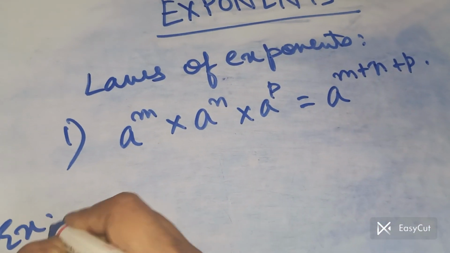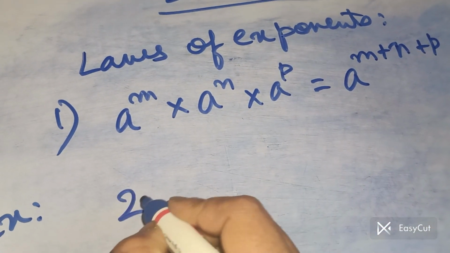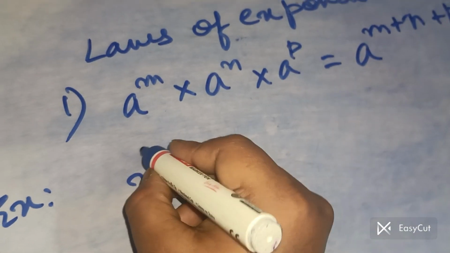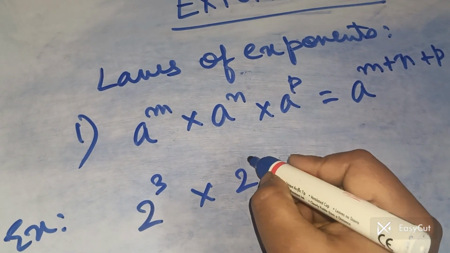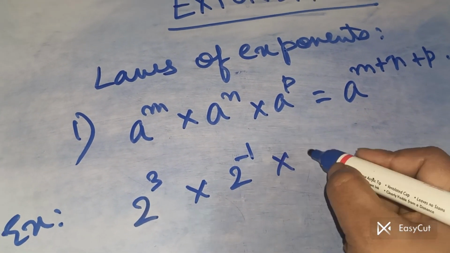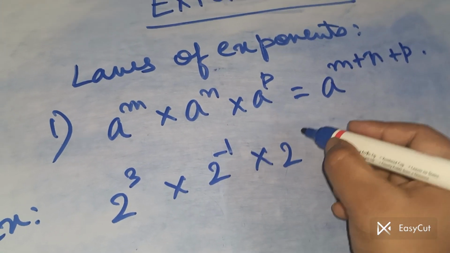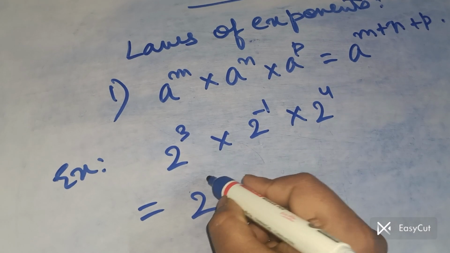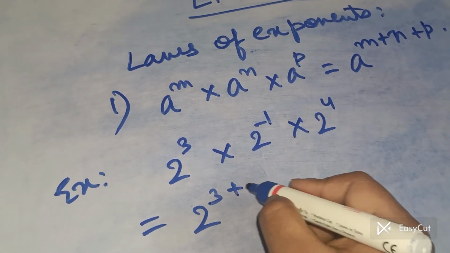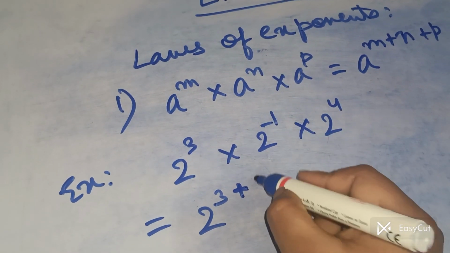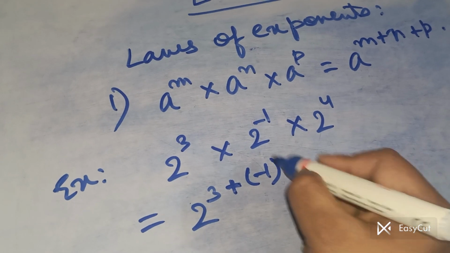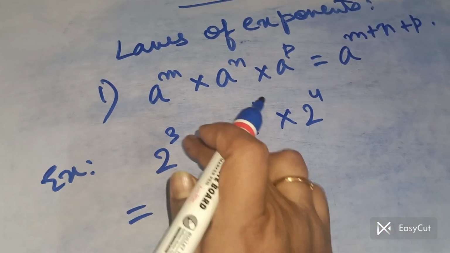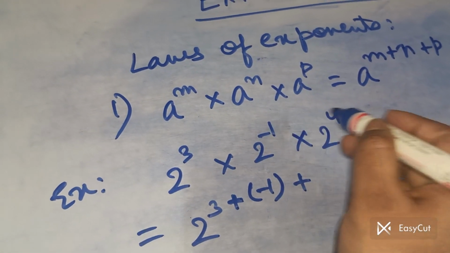Say for example, if it is 2 to the power 3 into 2 to the power minus 1 into 2 to the power 4, then we can write it as 2 to the power 3 plus, we will write the plus sign, then put it in the bracket, minus 1, plus 4. We are adding all the powers: 3 plus minus 1 plus 4.